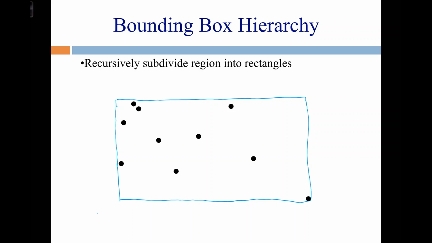And if I'm sorting on the x dimension, then we will end up with these 5 points in one box and these 5 points in the other. Okay? So my tree now looks like this.